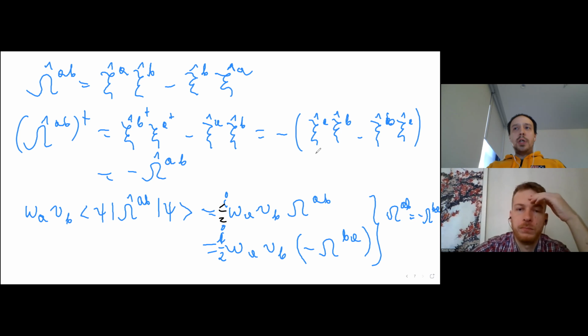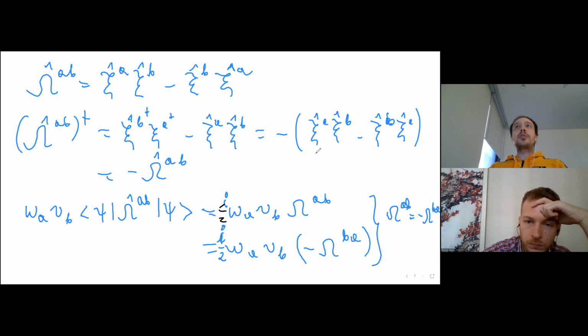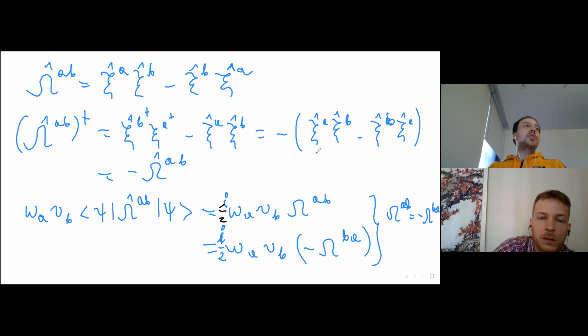But for fermions, there actually exist states, not pure Gaussian states, but for example, mixed Gaussian states and also certain excited states, where omega could potentially have 0 eigenvalues. So at this stage, we do not prove that omega is non-degenerate.